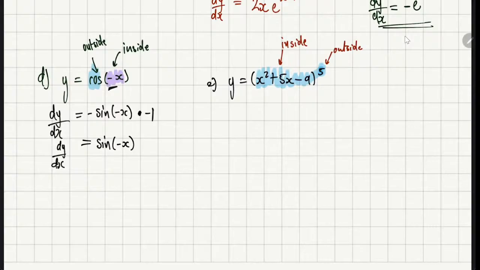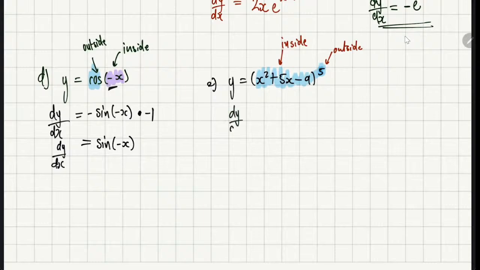You start by differentiating the outside. Don't change it. Stick to the rules, mathematician. You start by differentiating the outside without changing the inside. Let's differentiate the outside. It's just a power. How do you differentiate a power? It drops down and you reduce it by 1.